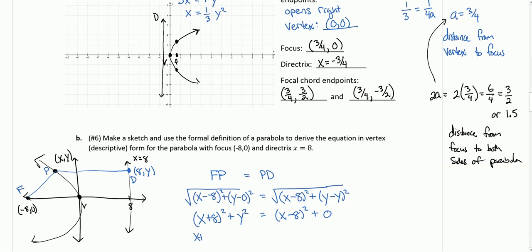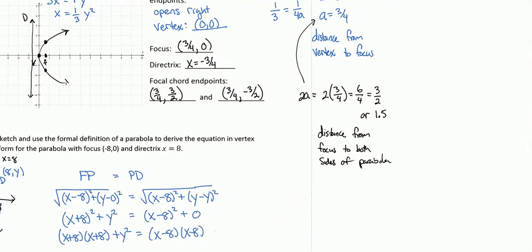So this is x plus 8 times x plus 8 plus y squared is equal to x minus 8 times x minus 8. Keep working through this. When you multiply x plus 8 times x plus 8, you get x squared plus 8x plus 8x plus 64 plus y squared is equal to, I forgot my plus y squared, sorry.